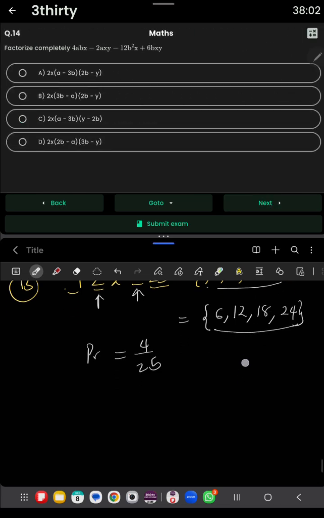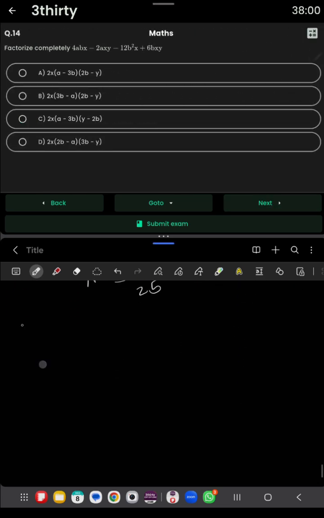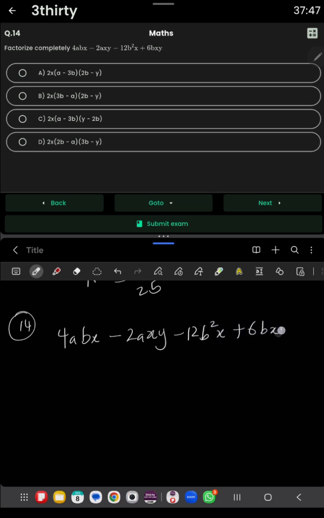Factorize completely. So this is number 14 now. We're almost done. So 4abx minus 2axy minus 12b squared x plus 6bxy. Okay, alright, let's factorize these two together first. So what is common here?